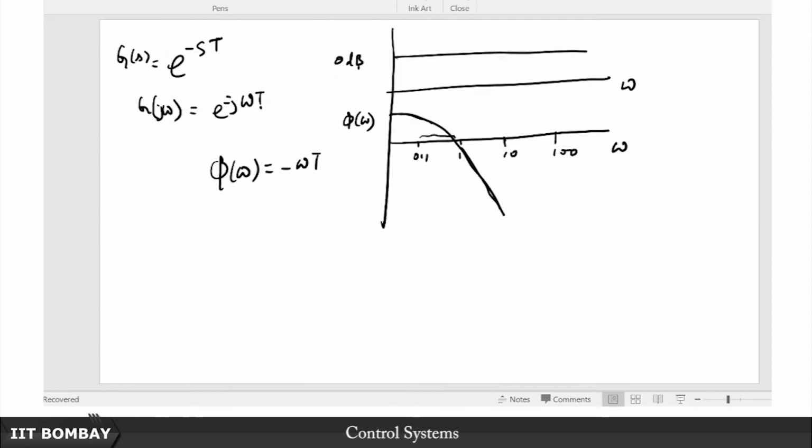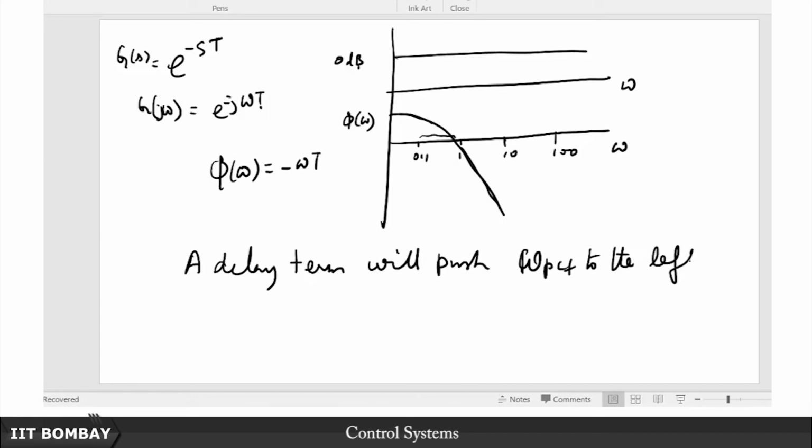So I've just given you an example. A delay term will push omega PCF to the left, thereby bringing it closer to the omega GCF. So this is the kind of undesirable component against which our phase margin protects us.